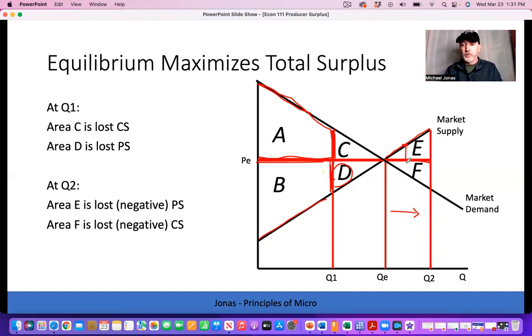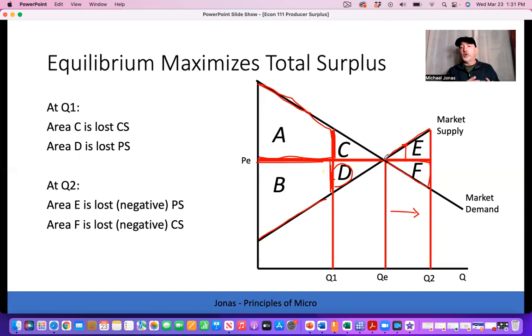And likewise for consumers, we're going to have a price greater than willingness to pay between QE and Q2, right? And what does that mean? A negative contribution to consumer surplus. And again, note that it doesn't matter where we put the price.